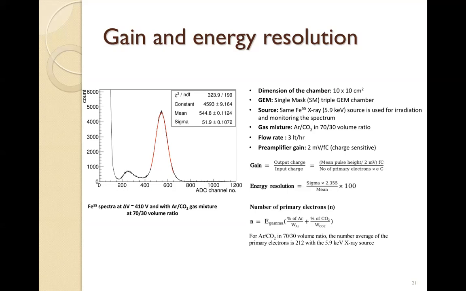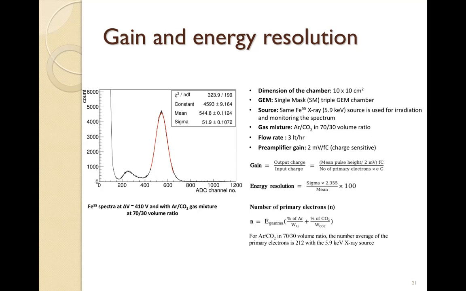It is responsible. I cannot tell that there is no ionization in the carbon dioxide. I cannot tell that there is ionization only in argon. Carbon dioxide is only for quenching, but I cannot say that, because I am using a gas mixture and the charge particle is coming, it is interacting with both.